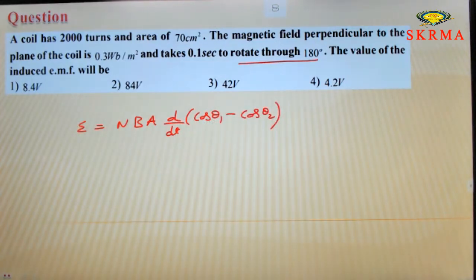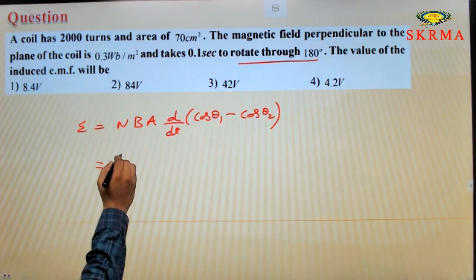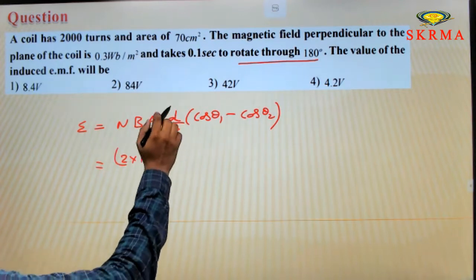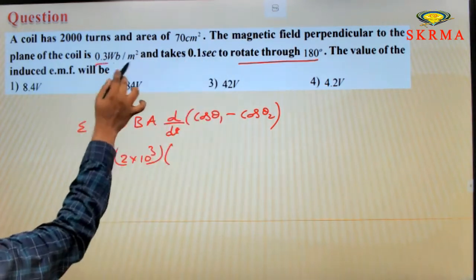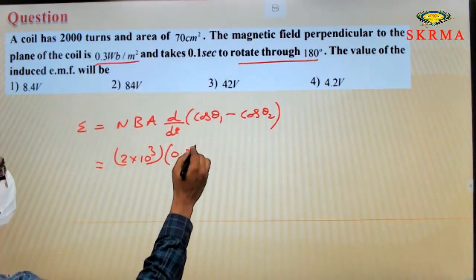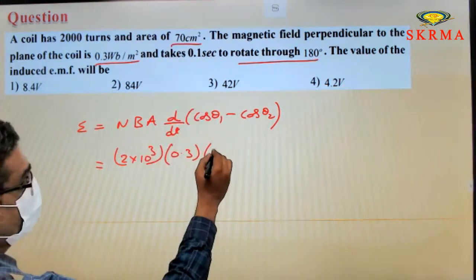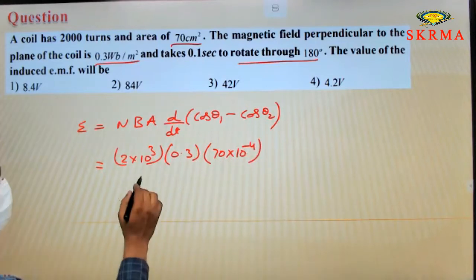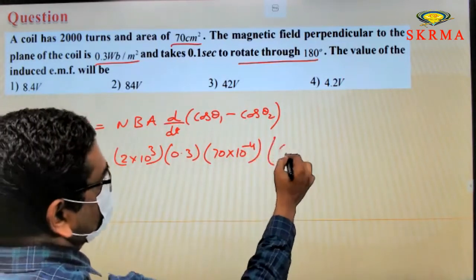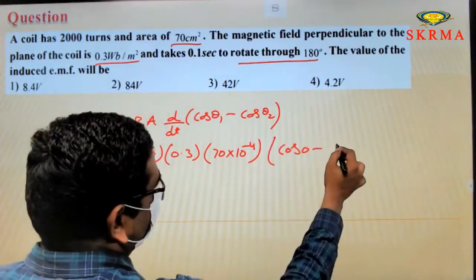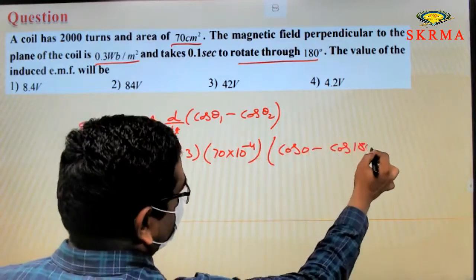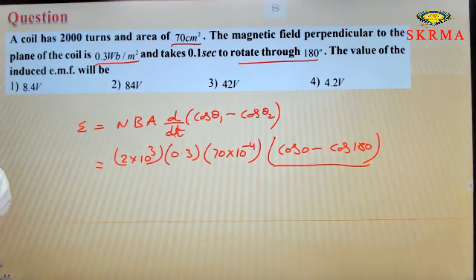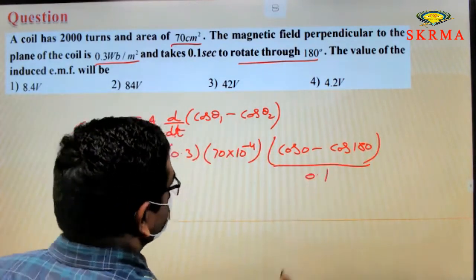Now substitute the values. So number of turns 2000, that means 2 into 10 power 3. Magnetic field value 0.3. Area 70 centimeter square, 70 into 10 power minus 4 meter square, into cos initial angle is 0 minus cos 180. Final angle is 180 and time taken. This is time taken, time taken is 0.1 second.